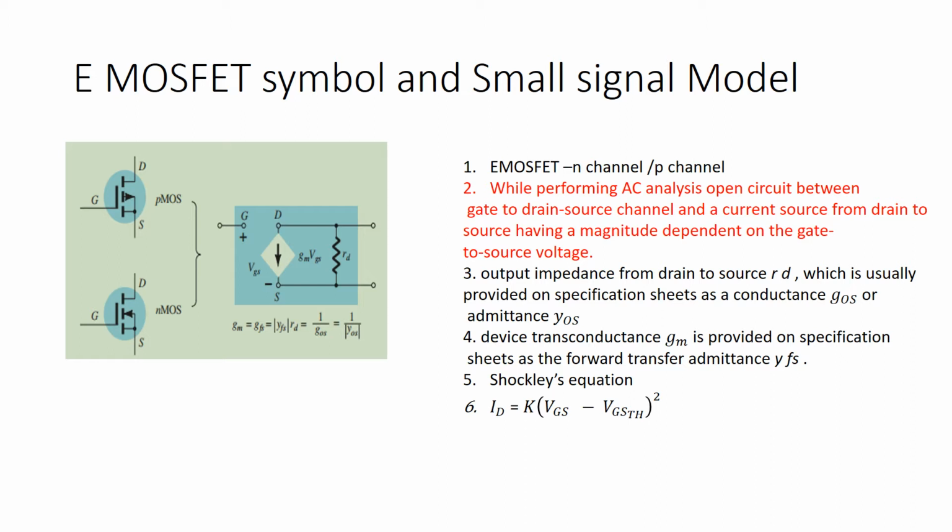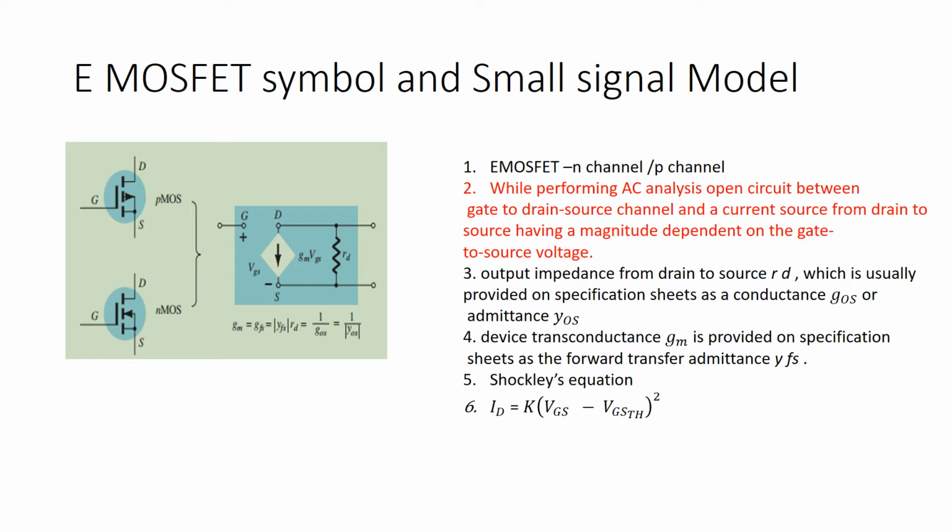The output impedance from drain to source is rd, usually provided on the specification sheet as a conductance gos or an admittance gos. The device conductance gm is provided on the specification sheet as a forward transfer admittance.